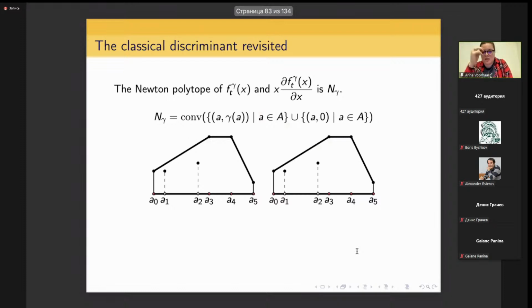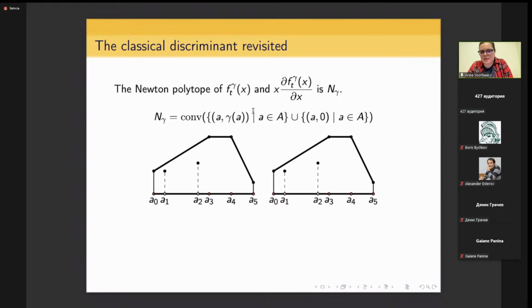One thing that I still want to say is that one could probably think that the same method can be applied to the case when we compute the Newton polytope of the discriminant. There we would have a covector gamma, which is parameterized by the point of some fixed support set A. And then we could consider again, using the same construction, a polynomial in two variables, x and t, depending on gamma, of course.